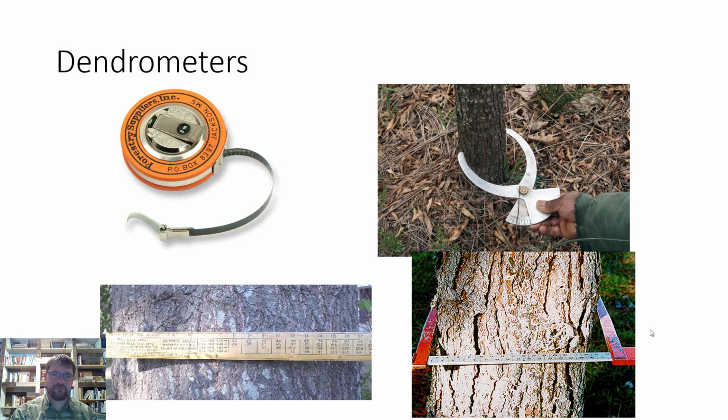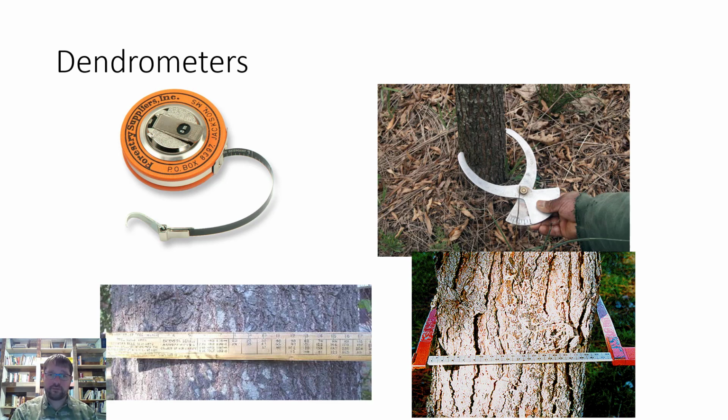And DBH tapes, this is a DBH tape. I would argue that this is the best method. It wraps around the tree, and you then take a DBH reading off the tape. Most of them calculate the diameter for you, not just the circumference.